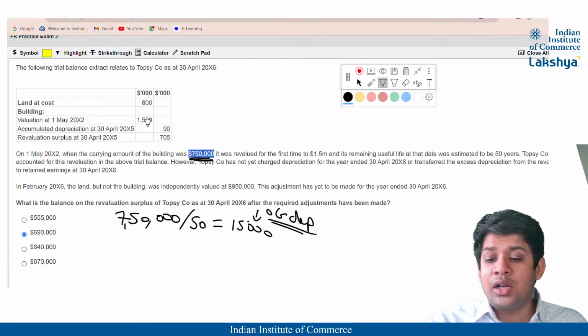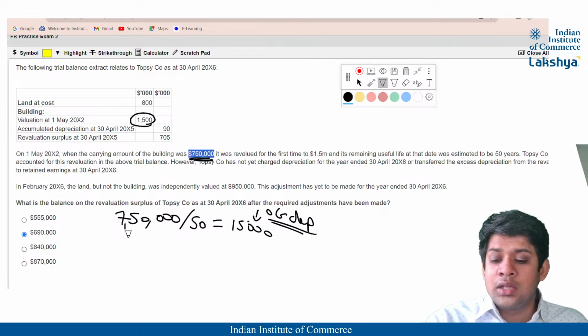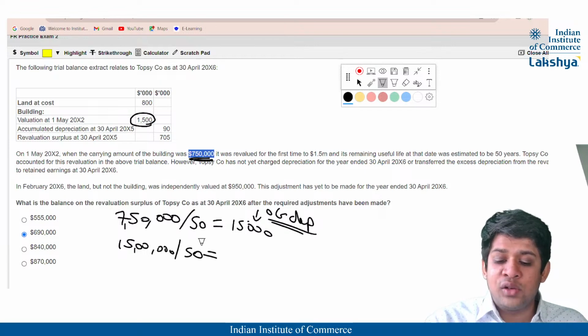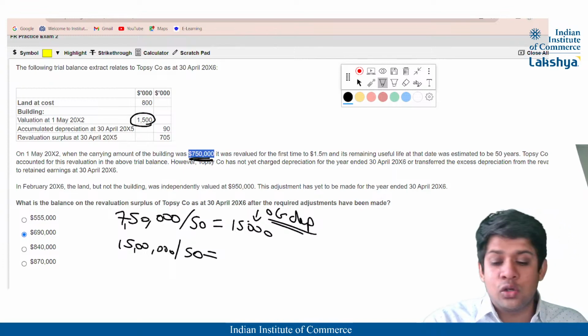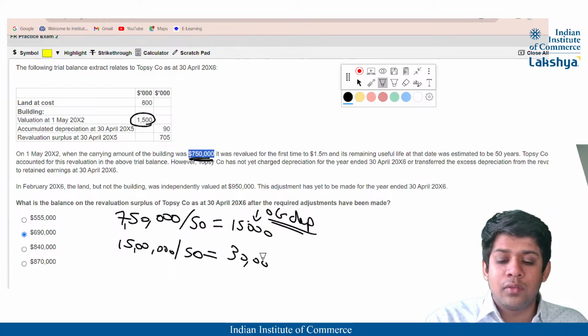But my land got revalued to 1,500 on 1st May 2012, right? That means now it became 15 lakh, and its remaining useful life was 50 years. So what is the depreciation? 15 lakh divided by 50 years. That is going to be 30,000, right?